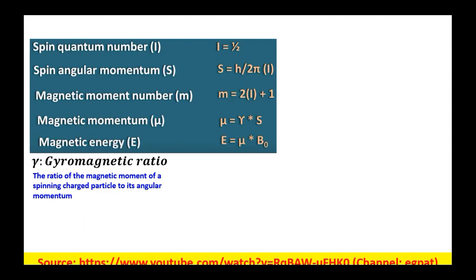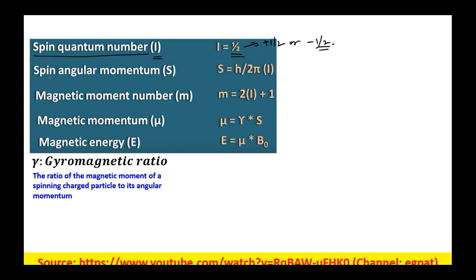Now coming to some typical terminologies. The first one is the spin quantum number, given by I, and I can be half for NMR signals. Second is spin, which can be either plus half or minus half.